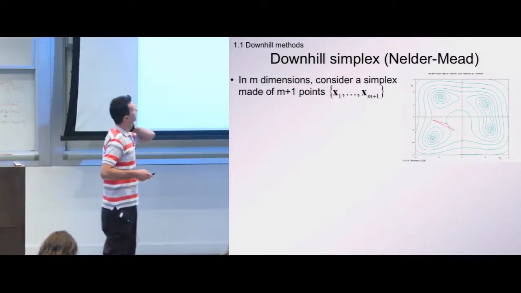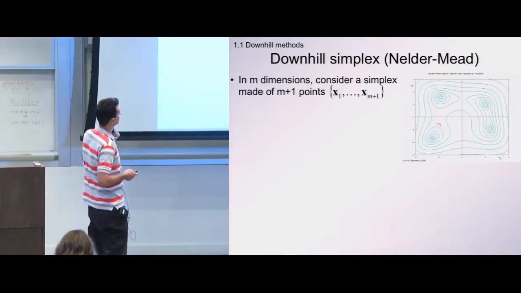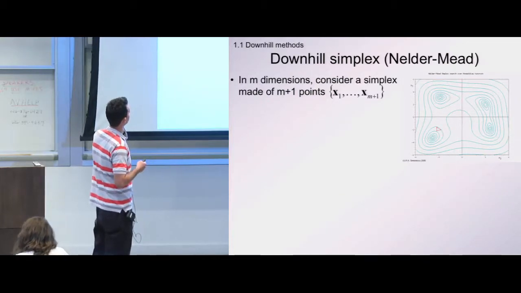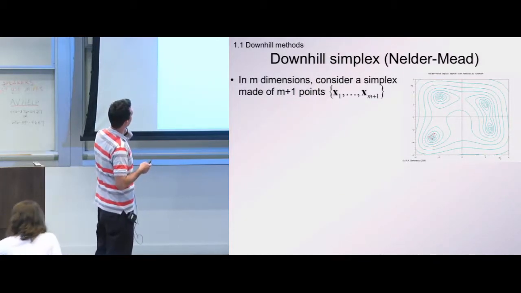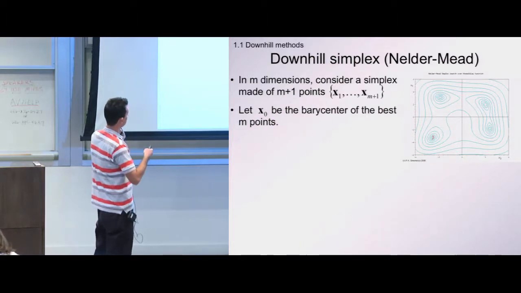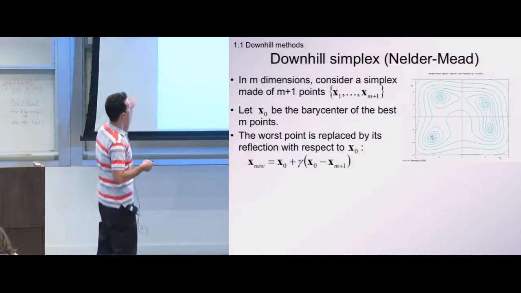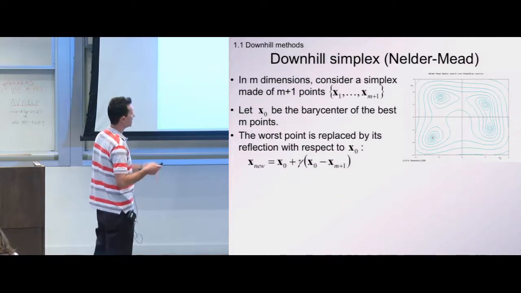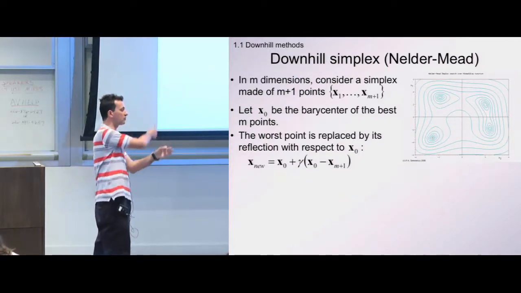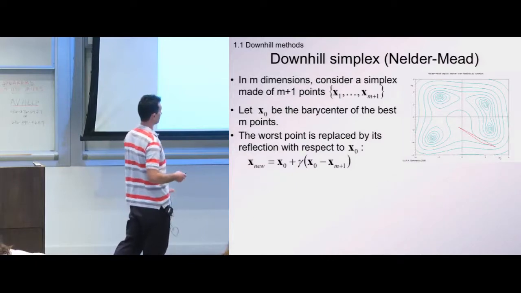Okay, moving to other methods. This is also a quite popular method, the downhill simplex method. In this case, you start with a family of m+1 points, where m is the dimensionality of the parameter space, and then you calculate the barycenter of the best m points just by removing the worst point, and then you calculate the reflection of the worst point with respect to the barycenter. So you replace the worst point with its reflection with respect to the barycenter. In practice, this will make the simplex move toward the best direction.